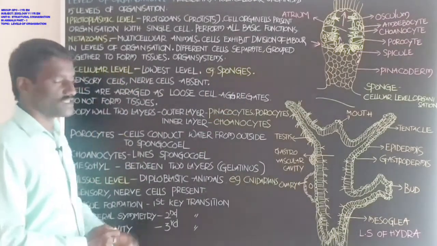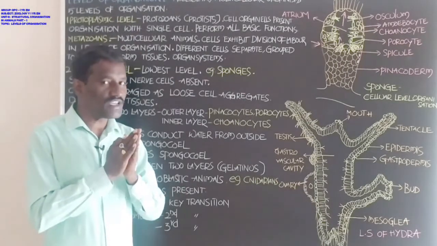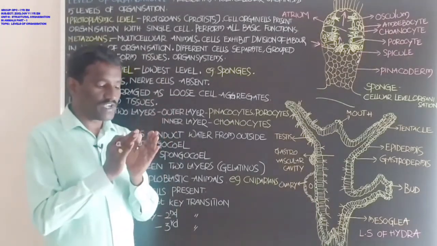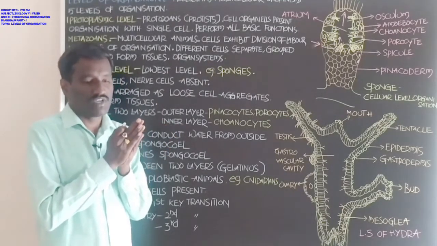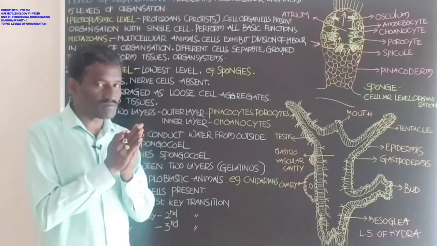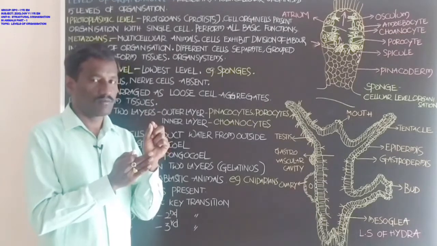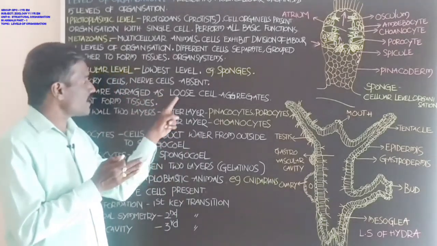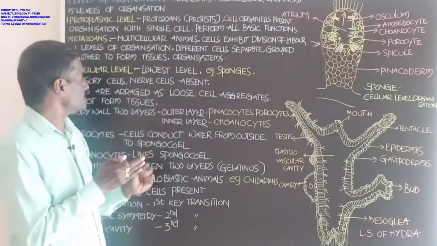In these, the cells are loosely aggregated. Students, loosely aggregated means cells are not closely combined with each other. There is some space between the cells, so the cells are arranged as loose cell aggregates in the sponges.